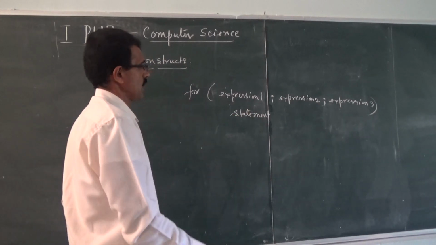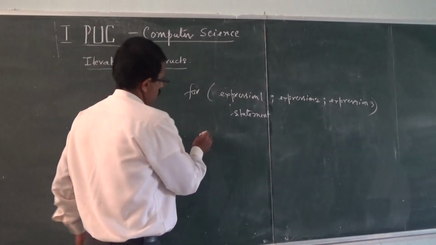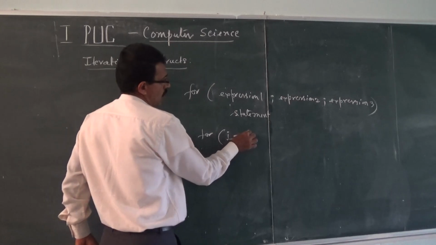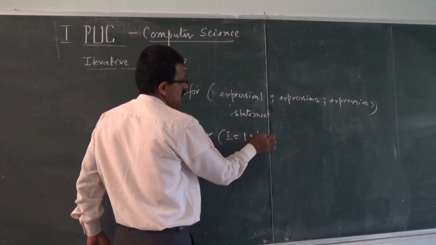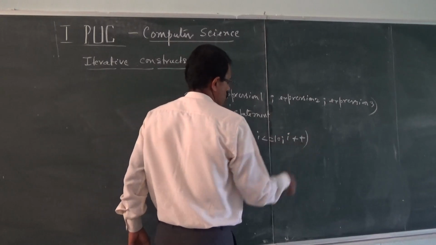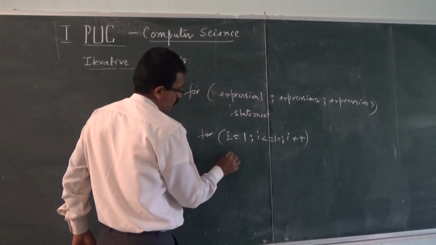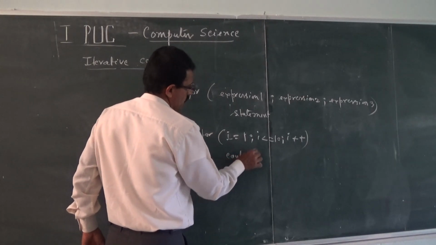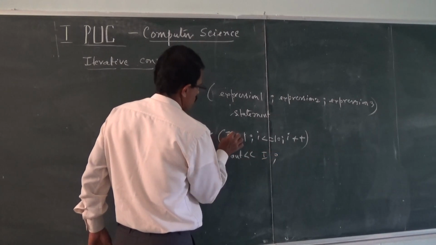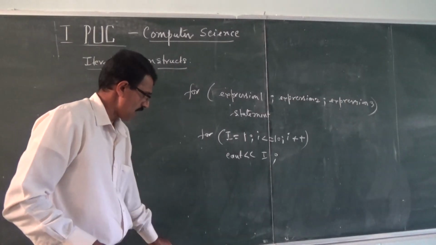For example, let us illustrate with an example for a clearer view. For I is equal to 1, I less than or equal to 10, I plus plus. In order to see the value of I, that is purely under the C++ programming structure.